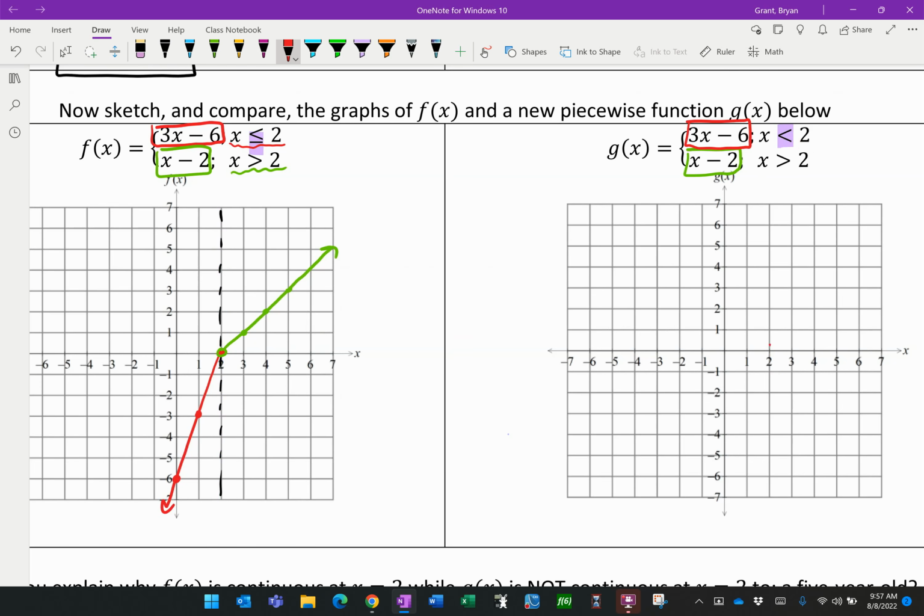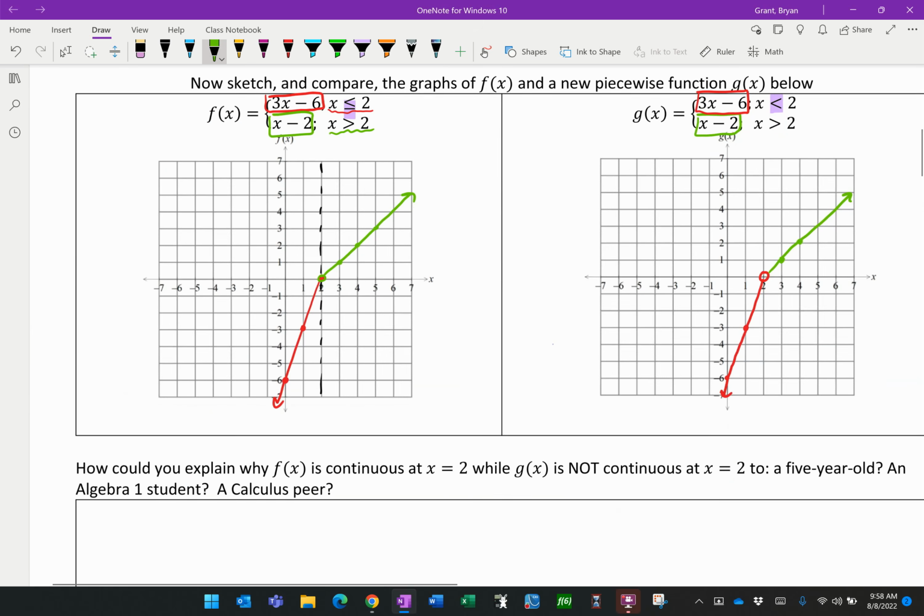And that was a very poor open circle. There we go. And down 1, 2, 3 over 1, down 1, 2, 3 over 1, like so. So here is one part of it, and here is the other. There we go. So they almost look the same. The only difference is at one specific point when x equals 2.